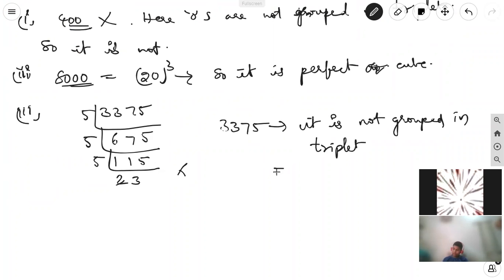Why? Because 5 is a cube but 27 is not in cube. So it is not.